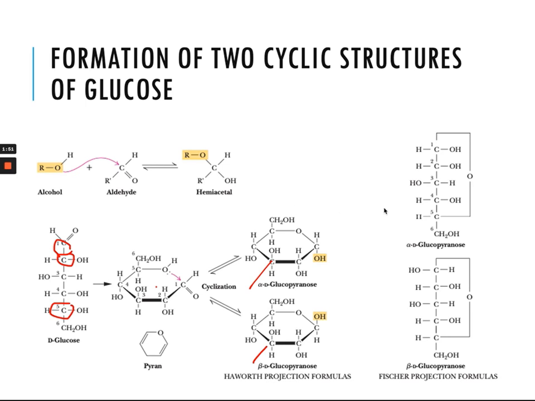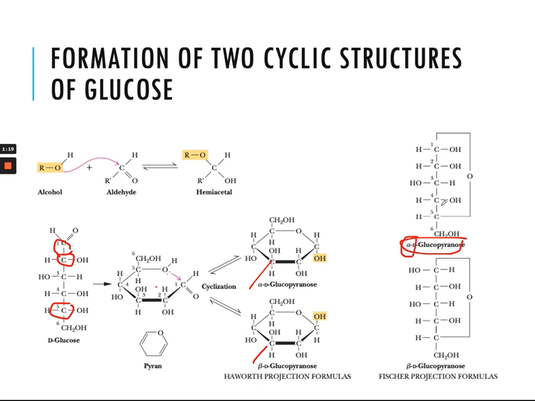The classification alpha reveals that the hydroxyl group at the anomeric center is on the same side as the hydroxyl group of the farthest chiral center in a Fischer projection, while beta means that these hydroxyl groups are on opposite sides. We have here an example, alpha-D-glucopyranose. Why is it called alpha?